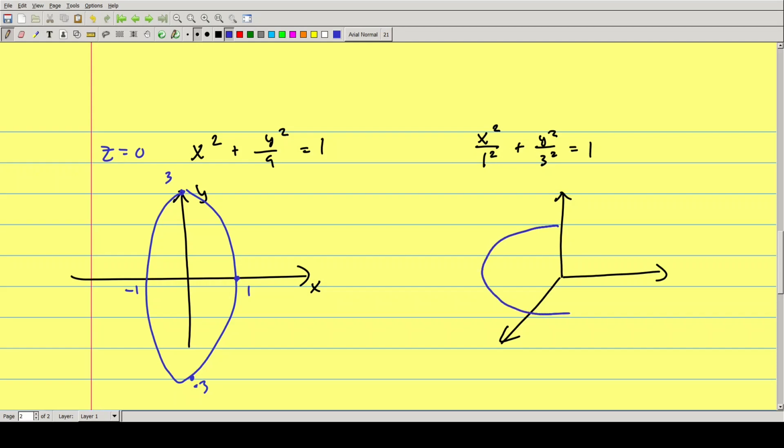I will do my best. But it is an ellipsoid.